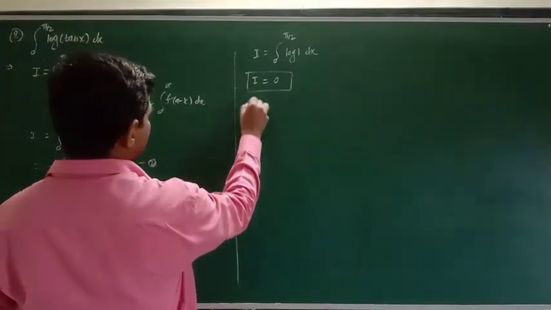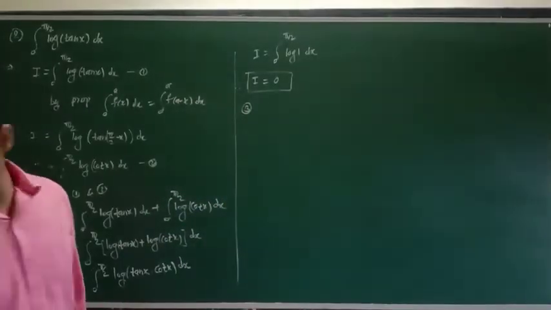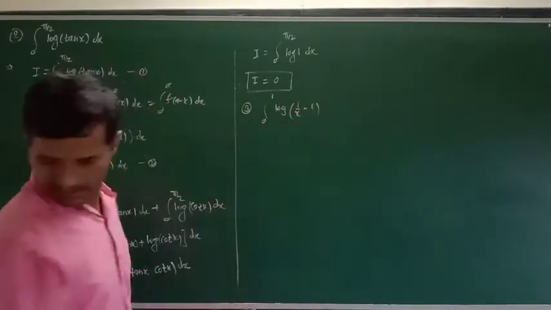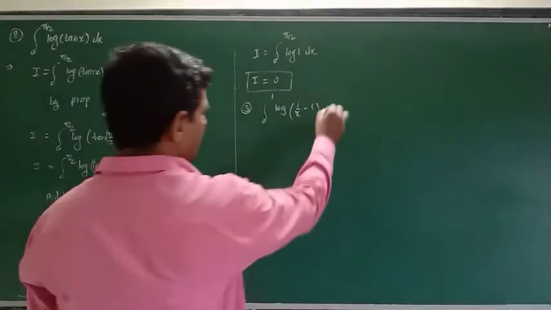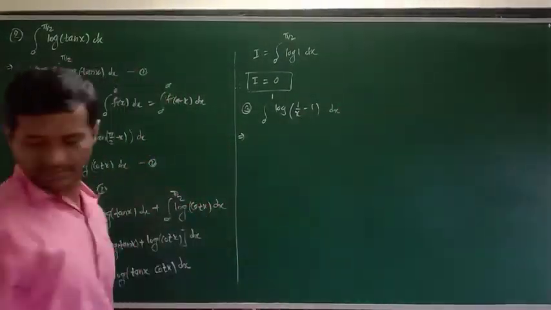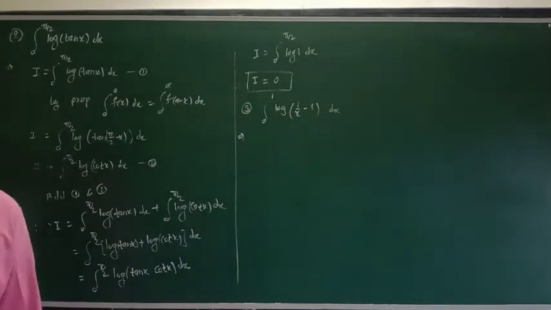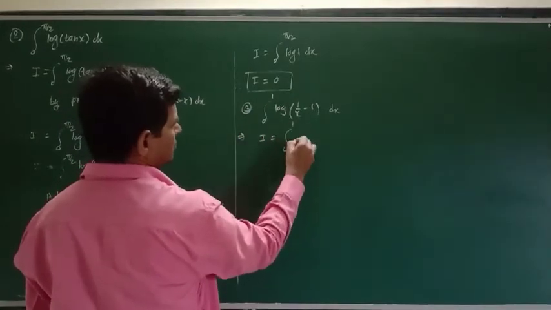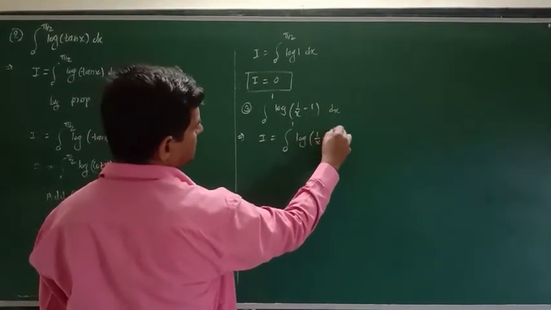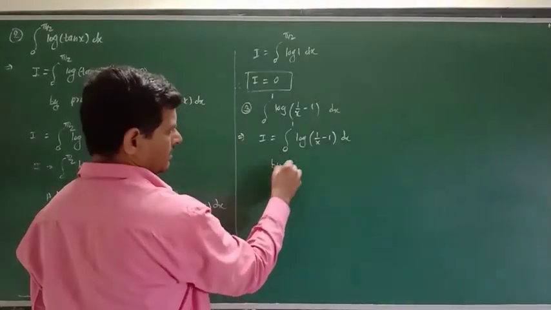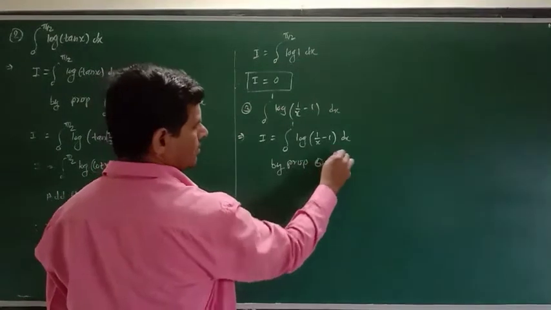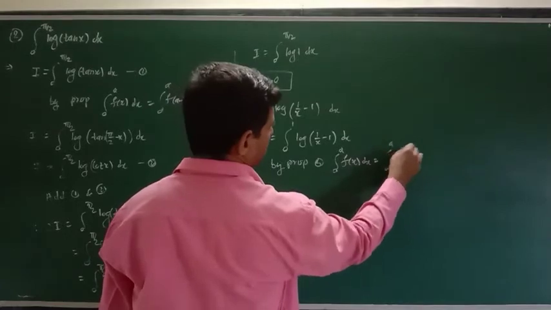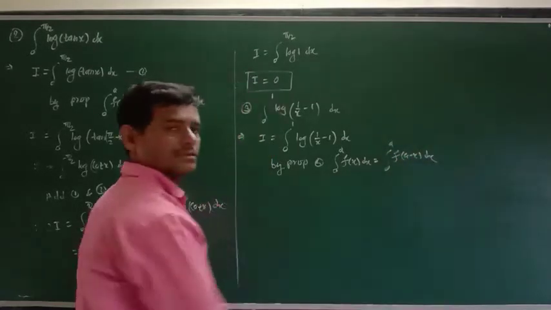Okay, now see the third example: integral from 0 to 1 of log of (1 upon x minus 1) dx. Here again, if I use the same property for evaluating this definite integral, by property number 4, what is this property? Integral from 0 to a of f(x) dx is equal to integral from 0 to a of f(a minus x) dx.